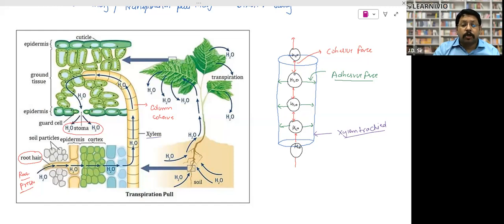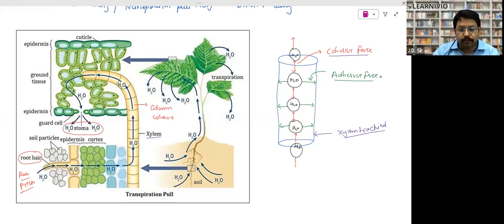Between two water molecules, there is a force that is called cohesive force. Basically, cohesive force is the force found between two molecules of the same material, right? So one water molecule pulls another water molecule through cohesive force. That's how a water column is created. Again, between a water molecule and the wall of the xylem trachete, there is a force of attraction.